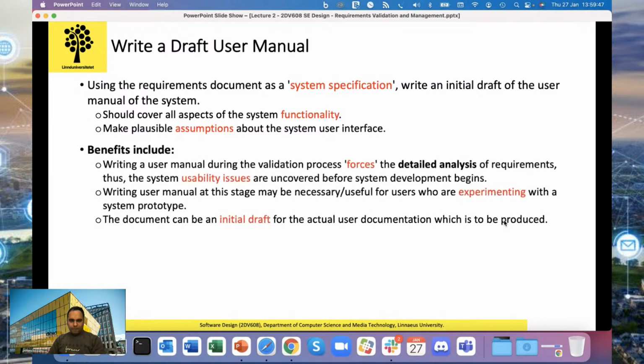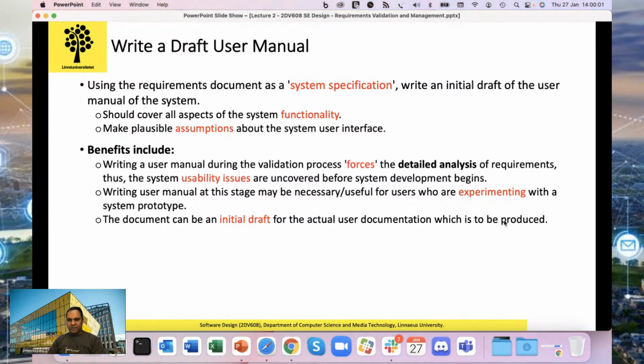And usually there are many benefits of writing a draft user manual. If you are going to write a user manual based on your draft requirements, that means you need to do a detailed analysis or a detailed thinking of your requirements, and you are still able to find further problems in the requirements.